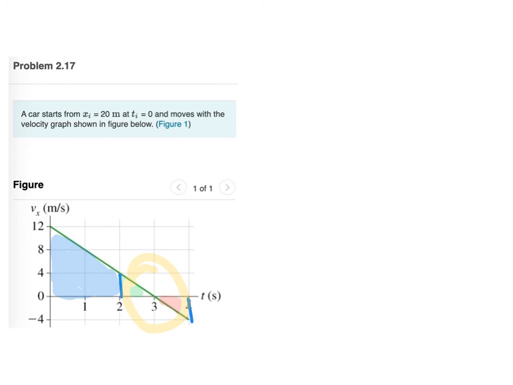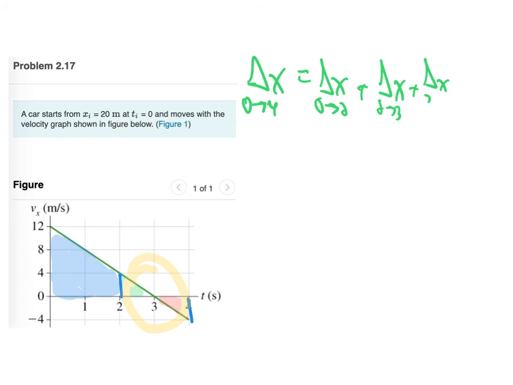So the actual area is the trapezoid, and we found that before. If you want to look at it this way, it's delta x from 2 to 3 plus delta x from 3 to 4. But these two add to 0. So we're left with that.